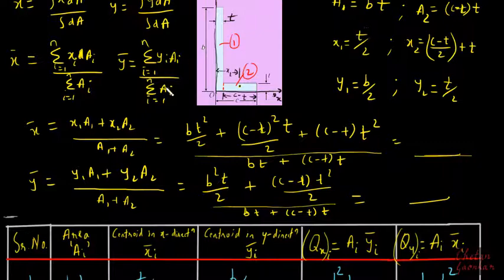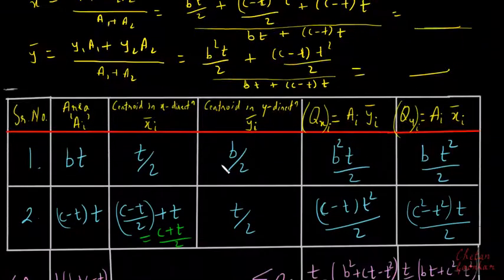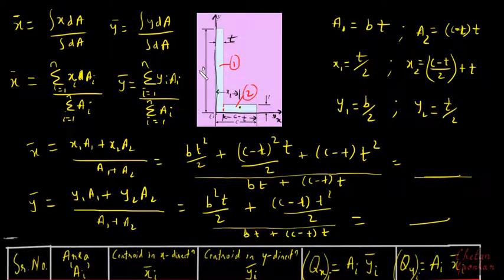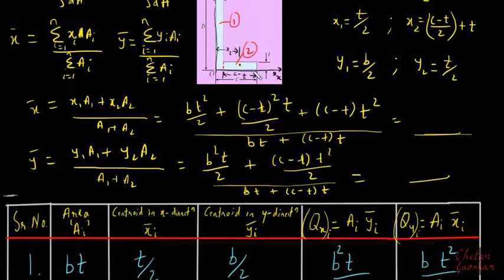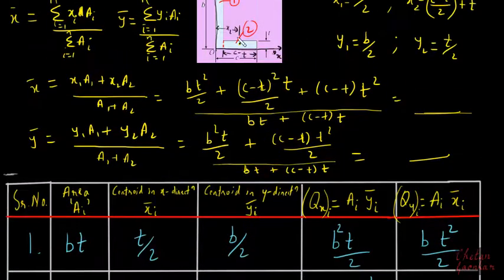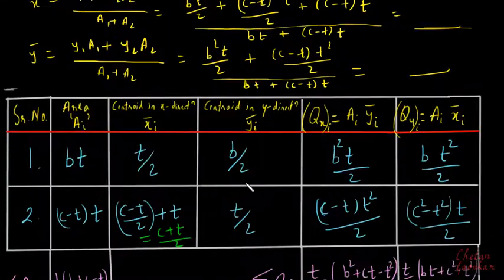For the second shape it was c minus t by 2 plus t, and if I simplify this, we can write it as c plus t by 2. Similarly, y1 was half of this, b by 2, and y2 was t by 2. Yes, because this is t, it will be exactly at the center, so it becomes t by 2.